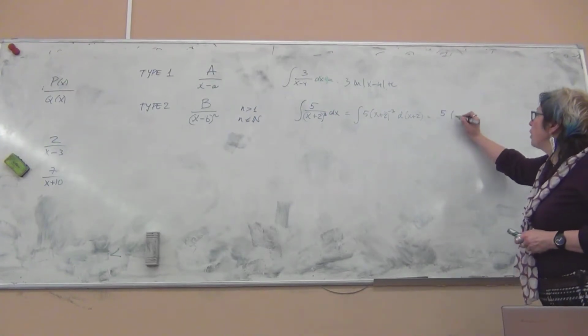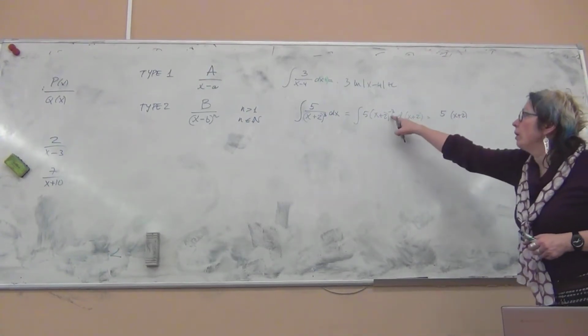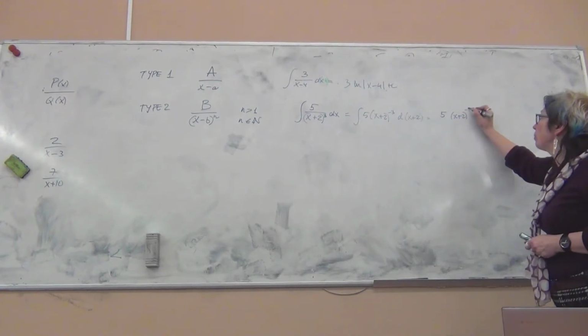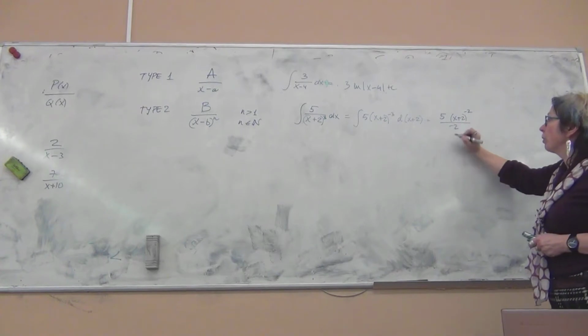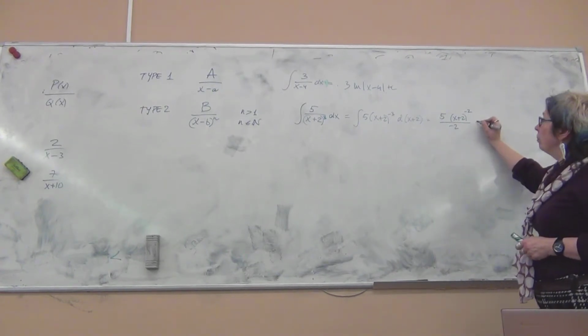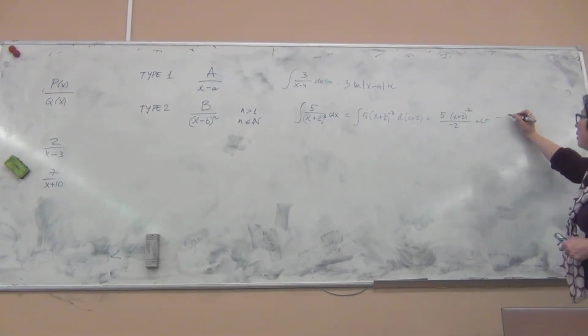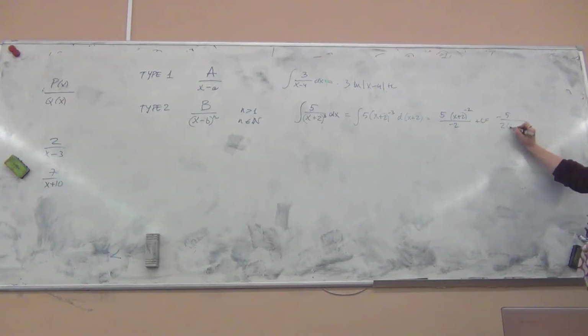We have 5, we have x plus 2, integrating power minus 3 you get minus 2, and you have to divide by the new exponent, plus c. Which means we have minus 5 over 2 times (x plus 2) squared, plus c. So yes, we do know how to integrate those too. Slightly more complicated, but not much. Quite possible to integrate.